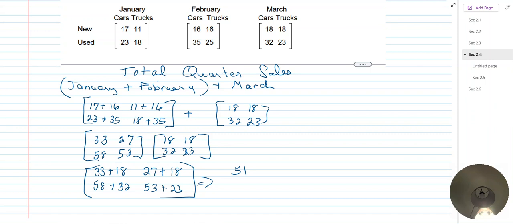All right, so we're going to have 51, 45, and then we're going to have 90 and 66, it looks like. Oh, let's see what I have there. Plus 23.